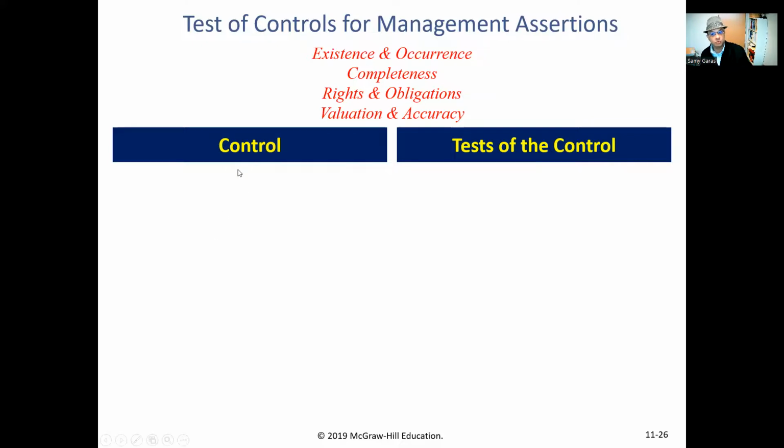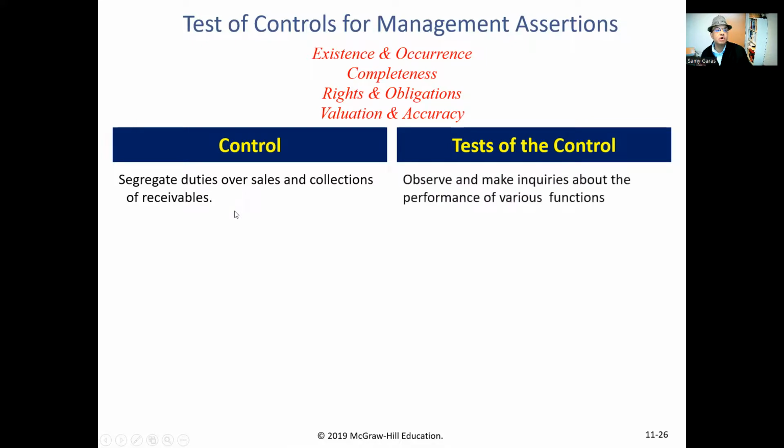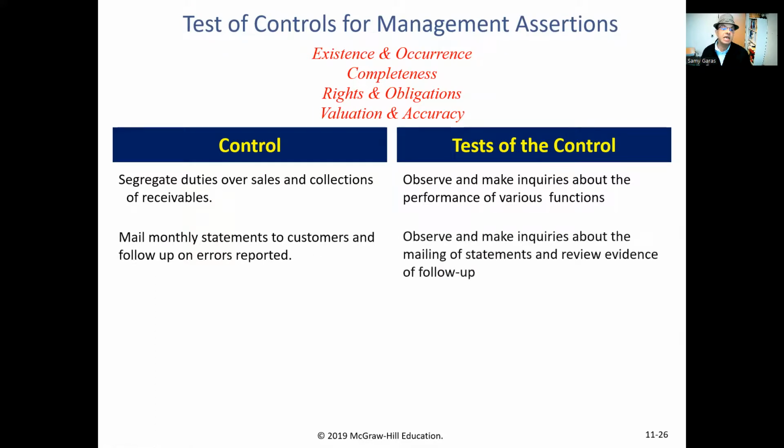So what are the controls and the test of controls? First, we make segregation of duties between the different jobs and observe and ask the management about that. Then we make a monthly statement, we send it to the customers, and here we check, ask the management if they are actually mailing the statement to the customer.